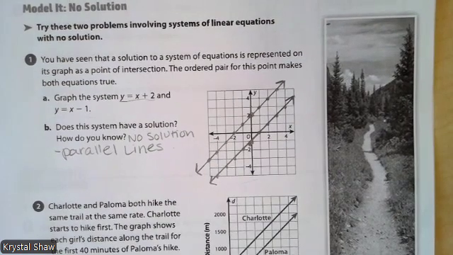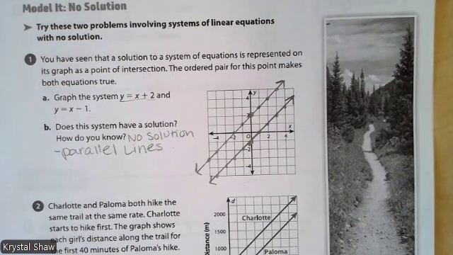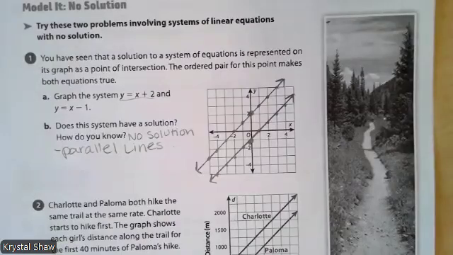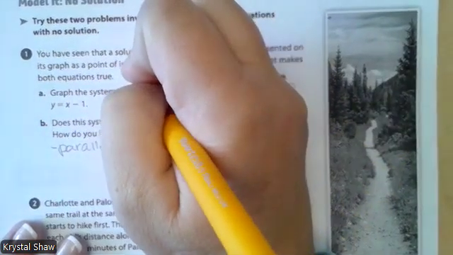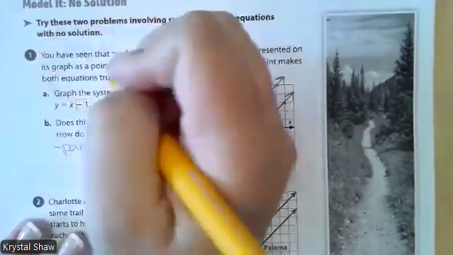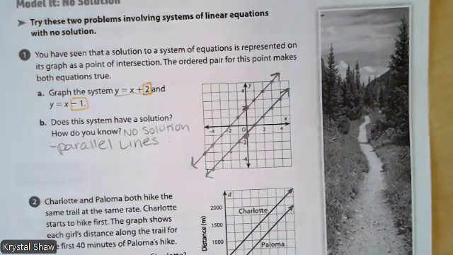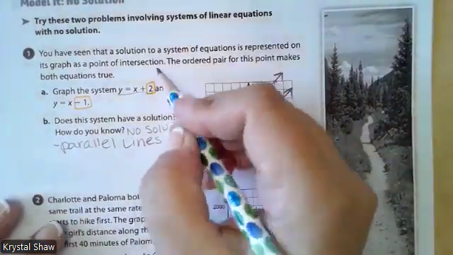Now, how do we know we're going to get parallel lines? One thing I want you to take a look at while you are working on this is my y-intercept and my y-intercept. Those y-intercepts are your starting points.